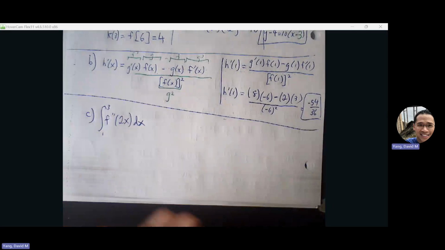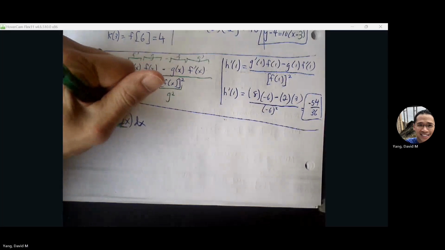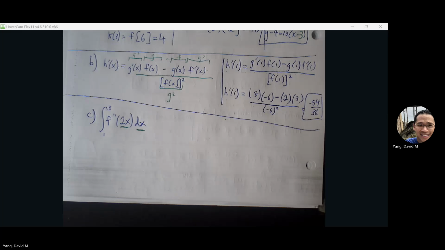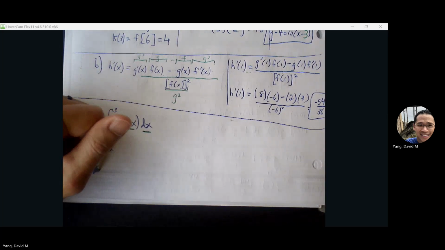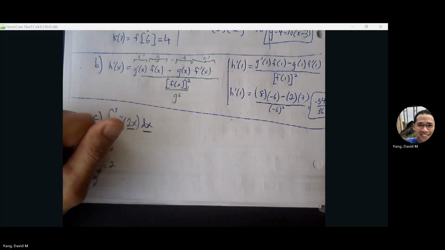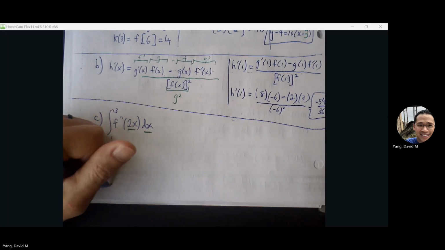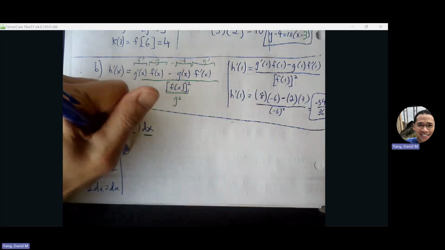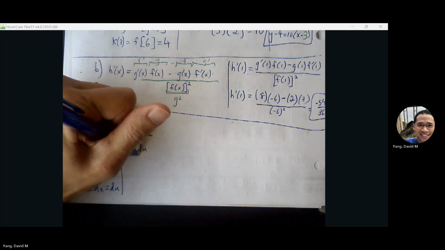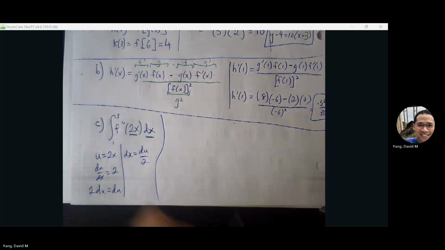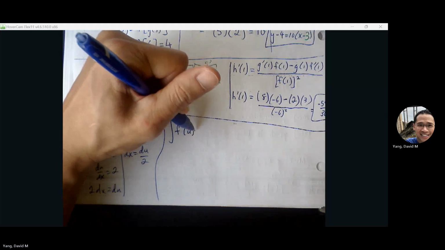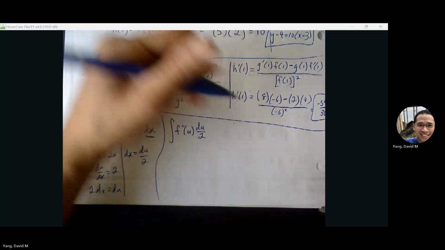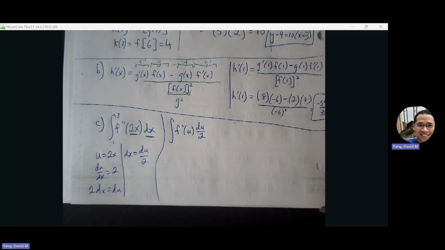Okay, the process we have to go through here: substitution, or u value being what? You need to keep track of what's in front.